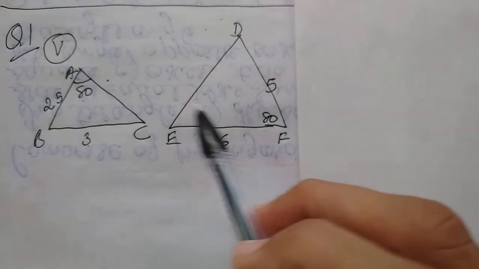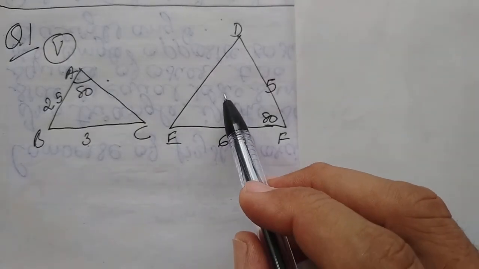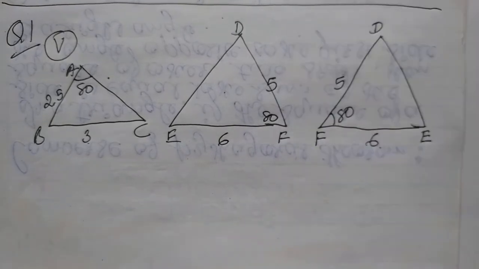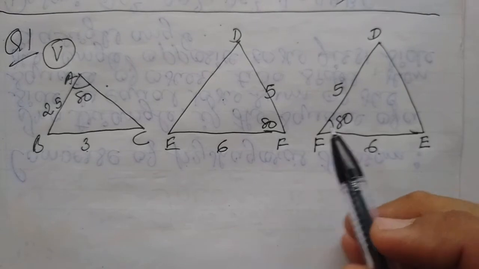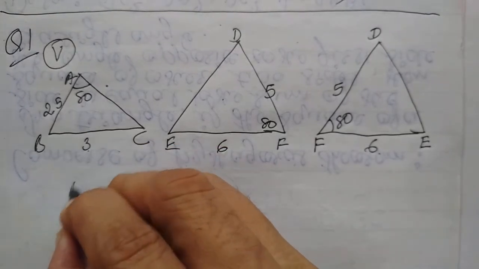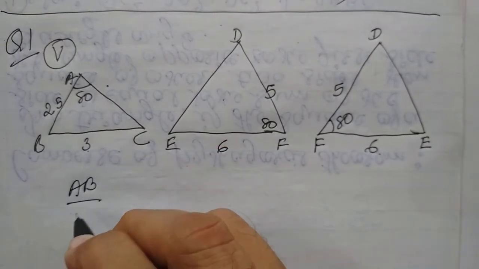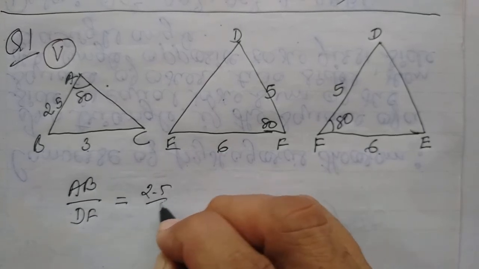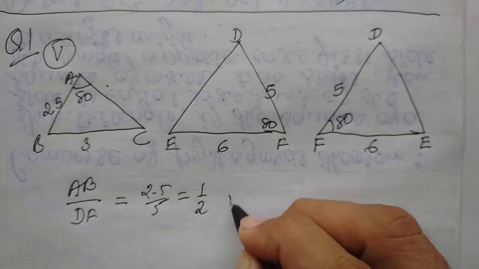Now children, this is our question. For this triangle we will draw another triangle. This is another triangle, children. Now see here, AB upon DF, we are getting 2.5 by 5, it is half.